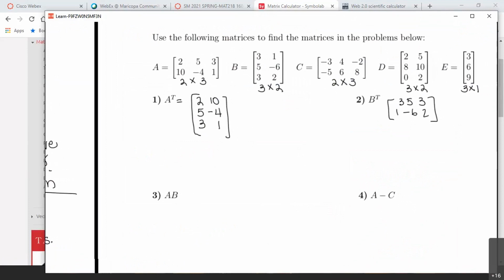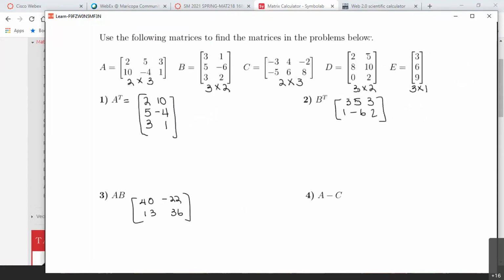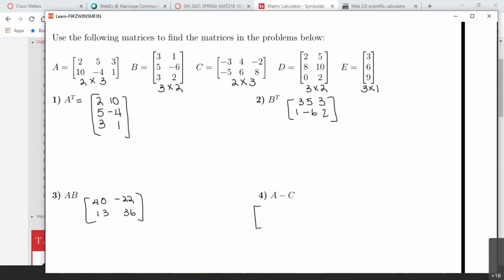For example, here are the answers to the problems I asked you to try: 40, negative 22, 13, 36, and this one over here, 5, 1, 5, 15, negative 10, and 6.